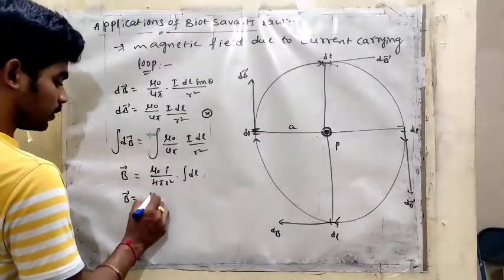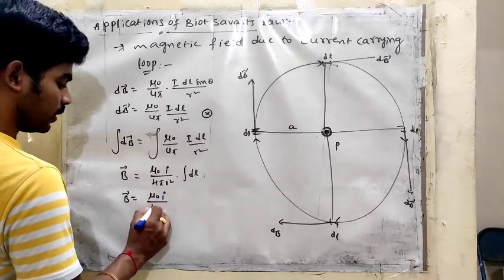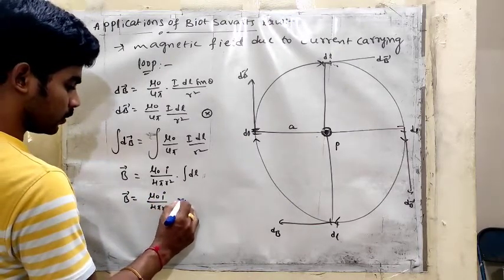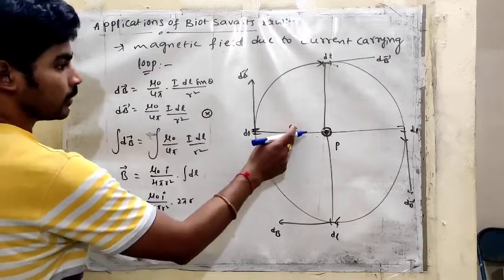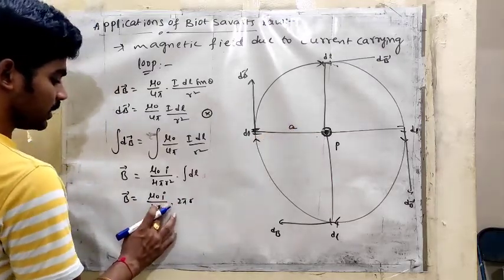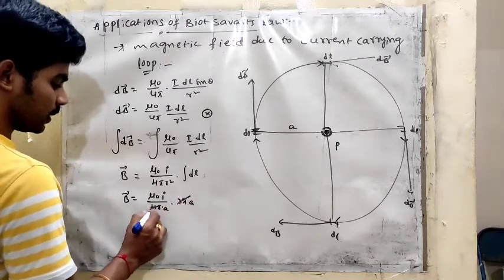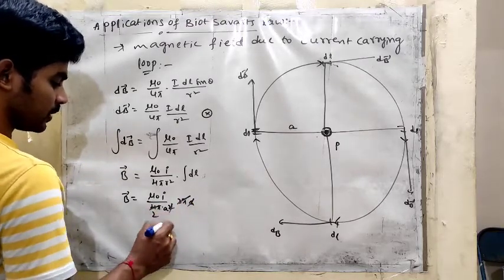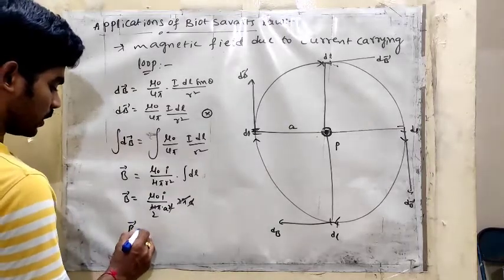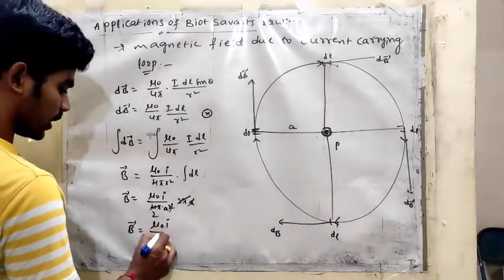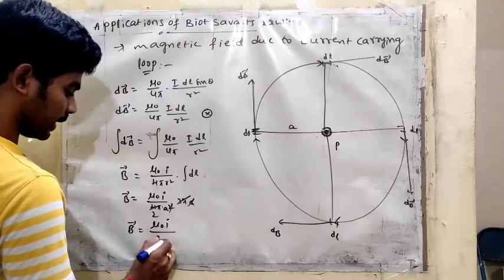So B bar is equal to mu naught I by 4 pi r square into 2 pi r. Now I take r equal to a, so 4 pi a into 2 pi a; the 2 pi a cancels, and one a cancels from a square. So B bar is equal to mu naught I by 2a.